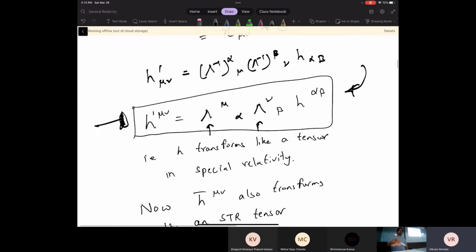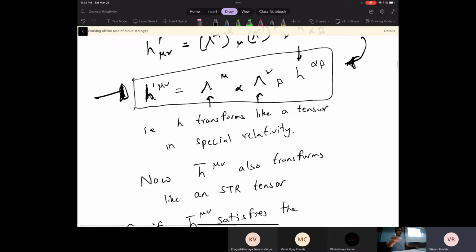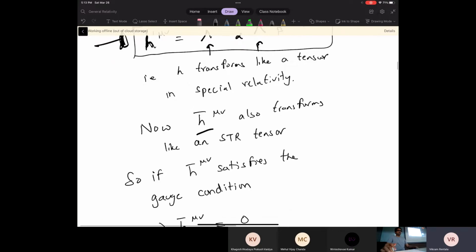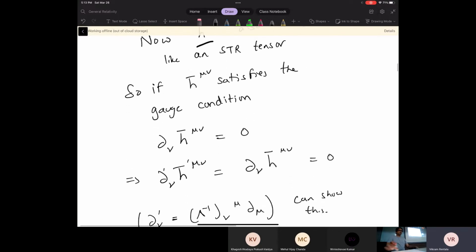What you get is effectively the transformation rule for h prime mu nu as if it were a tensor in special relativity. So when you're working in this linearized approximation, h alpha beta transforms like a tensor of special relativity. And h bar mu nu also transforms like a tensor in special relativity, and h bar mu nu we said satisfies this gauge condition.